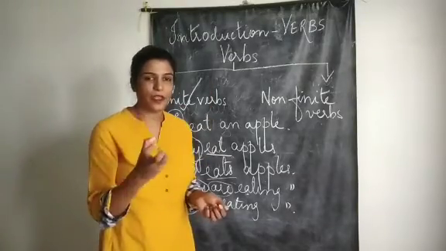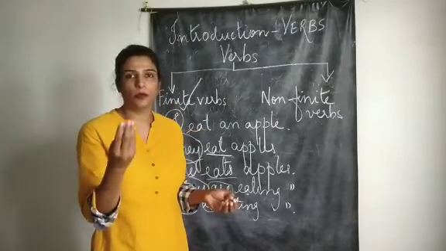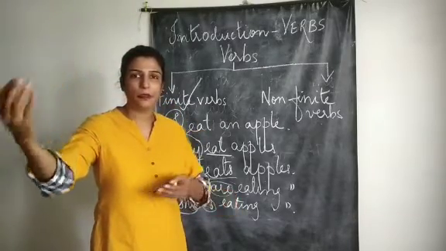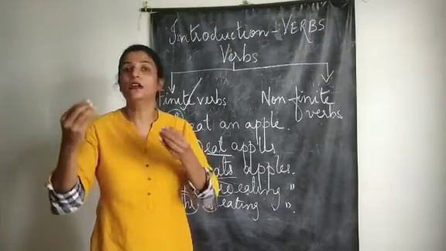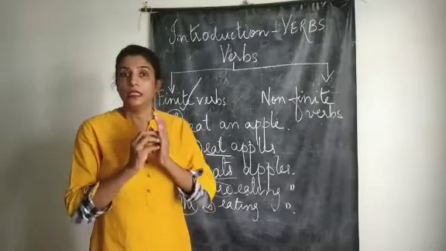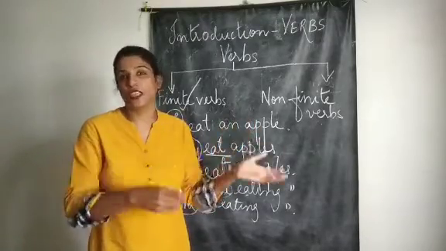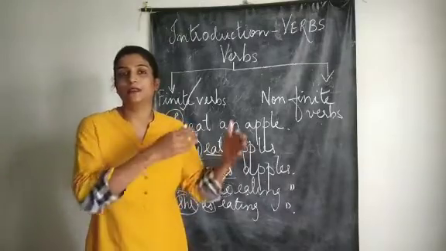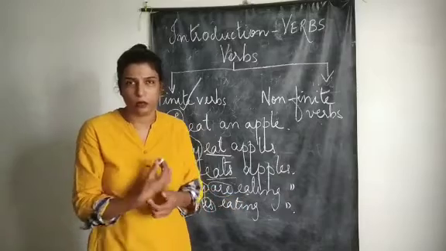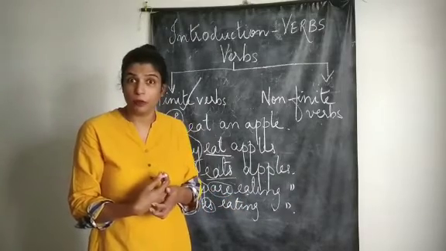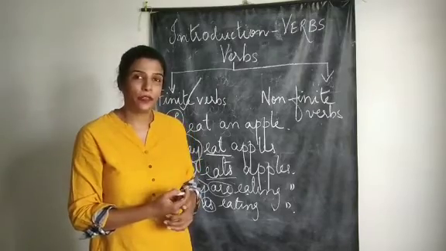That means whether the subject is singular or plural will have a repercussion, a change in the verb. These kind of verbs which will change themselves or tally up themselves in accordance to the number of people or things we are talking about, number of subjects we are talking about, are called finite verbs.